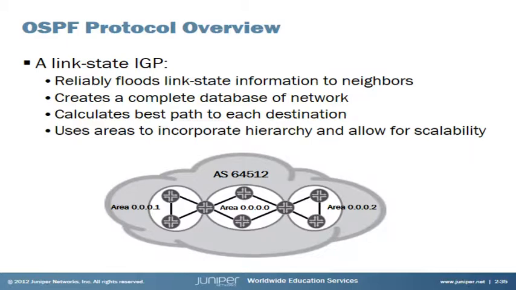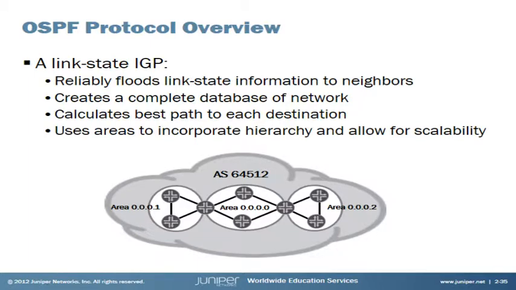With link state protocols, no routes are advertised to other routers. What happens is the state of each individual link or interface is advertised to other routers. So it will say, I've got this interface connected to that network, this one's connected to that network, and this one to that network.